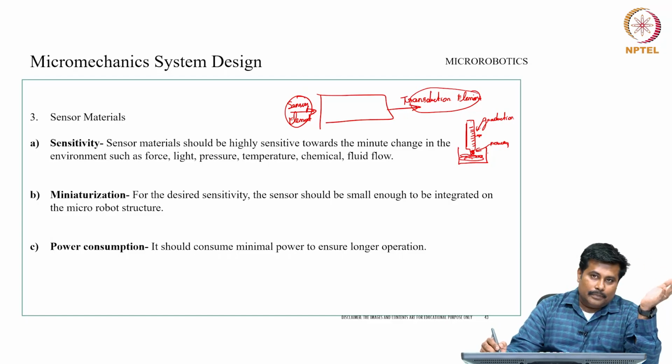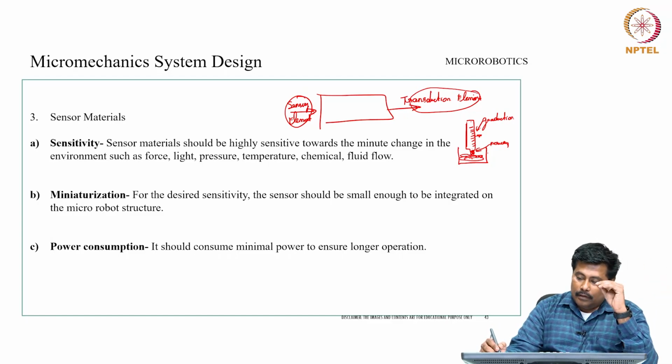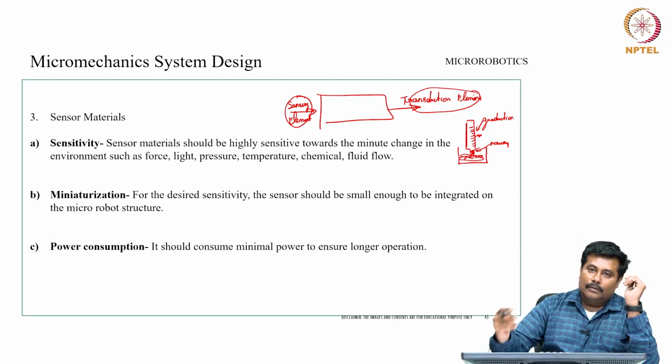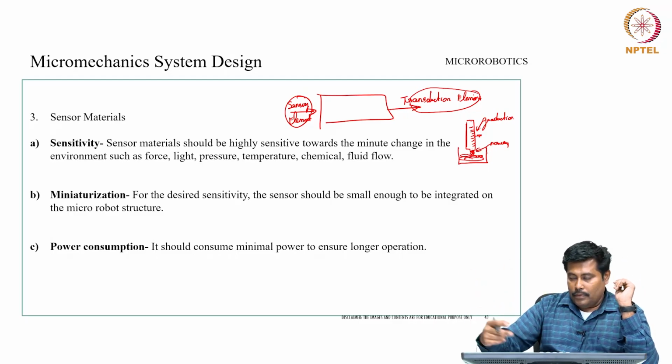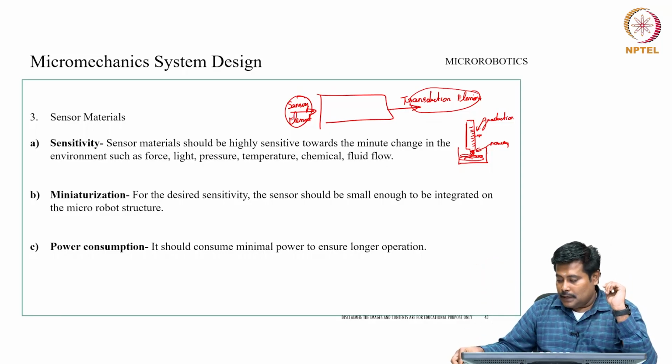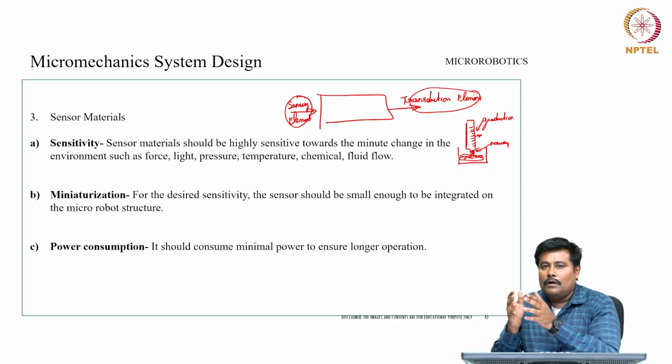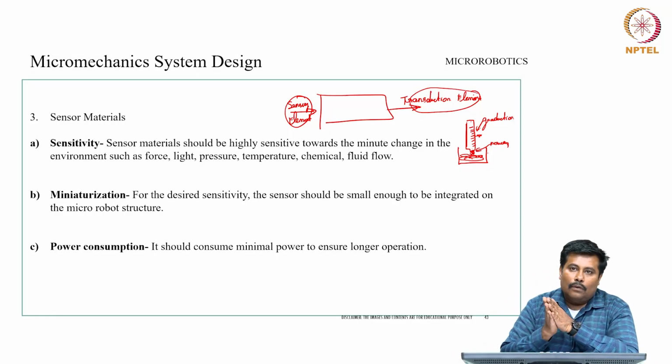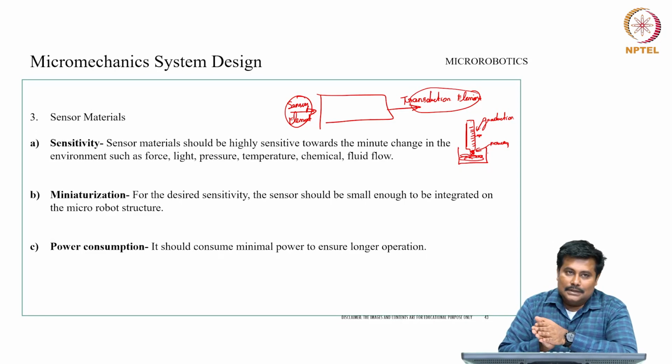It senses the temperature, and then we have a transduction element which manipulates this overall expansion in the form of a gradient. Ideally, the transduction element helps us translate the variation happening in the sensing element.